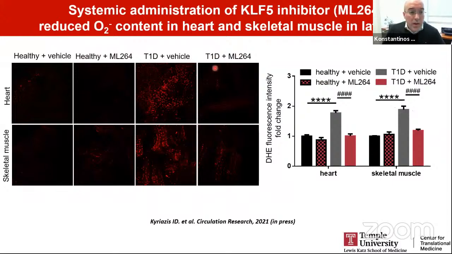Then we checked the mice that we subjected to systemic inhibition of KLF5. In this case, oxidative stress was blocked in both the heart and the skeletal muscle. So this gives us the idea that KLF5 seems to be important also for oxidative stress in skeletal muscle.